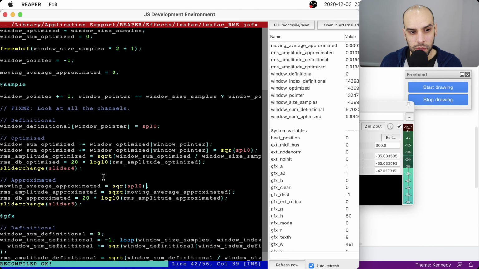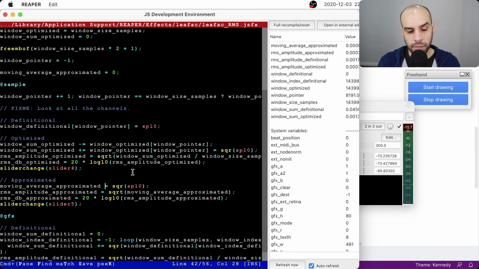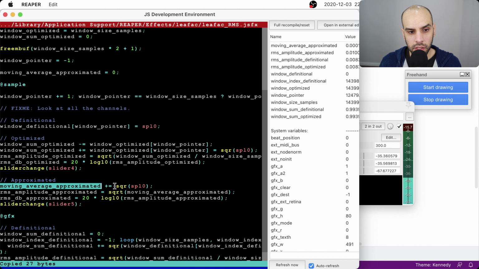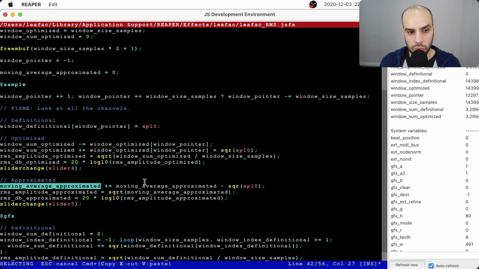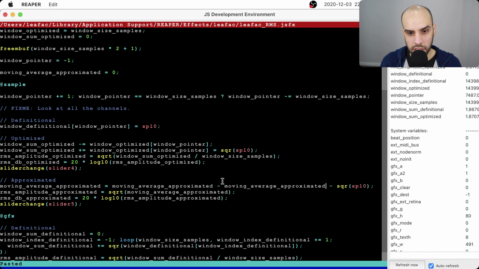Okay, how can we do this? Well, we can add up the difference between our current value and whatever is coming in. And as you can tell, this computation that I'm doing here is not really doing much, because what I'm doing is, let's say, how about we do it like this?